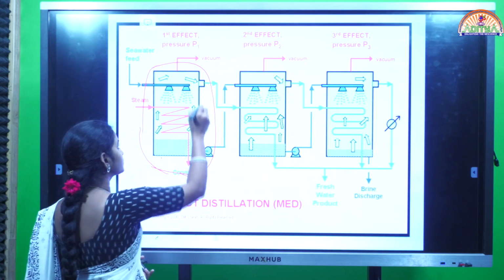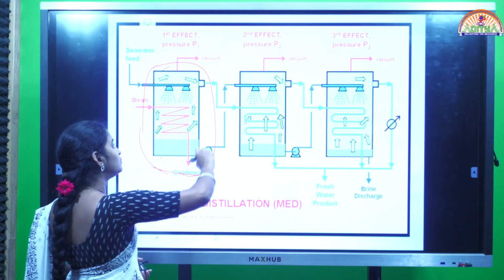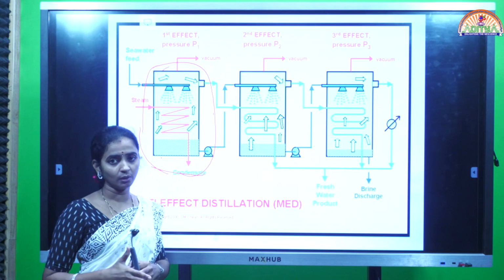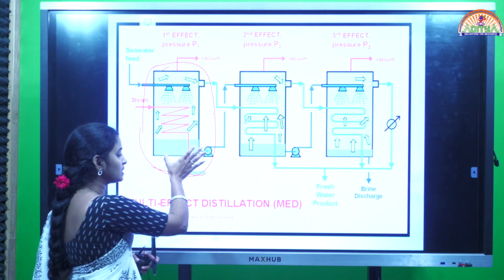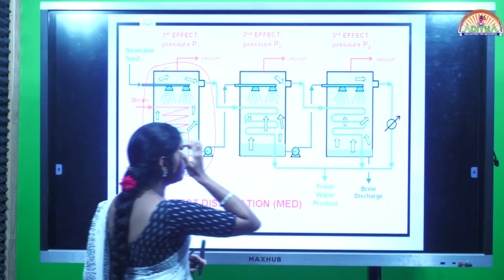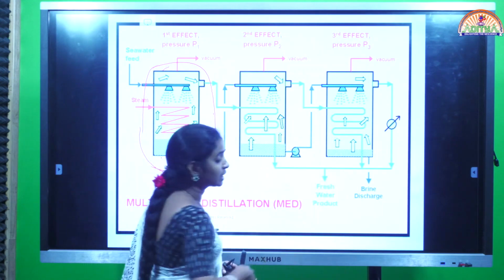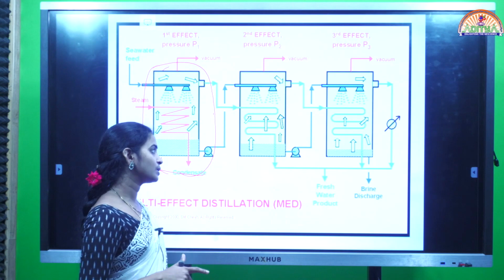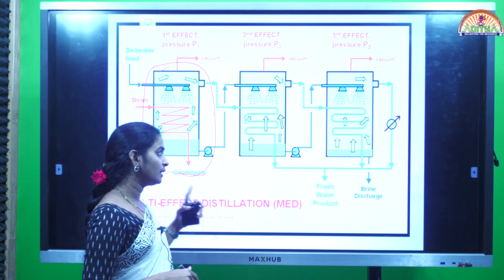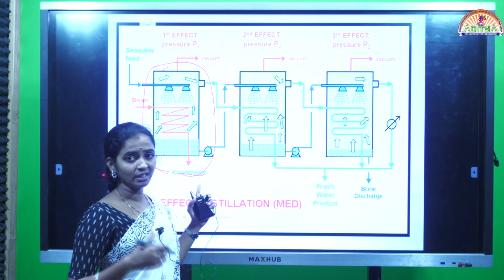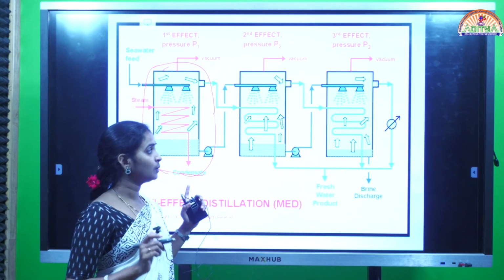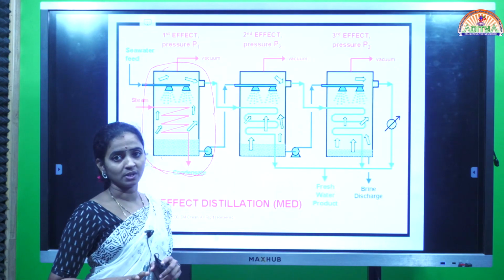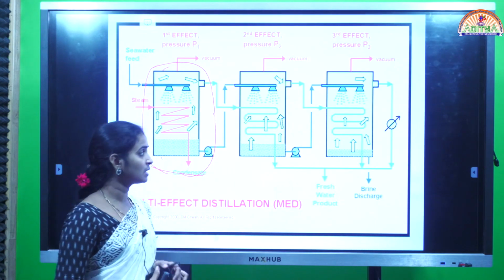For example, if you consider only one boiling chamber, the quantity of liquid obtained may be somewhat low, but when the same chambers are connected serially, finally from the last one we can collect a larger portion of distilled water. Economically it is better, the quantity obtained is better, and also the process is not a batch process but a continuous process, because we connect them serially one by one.